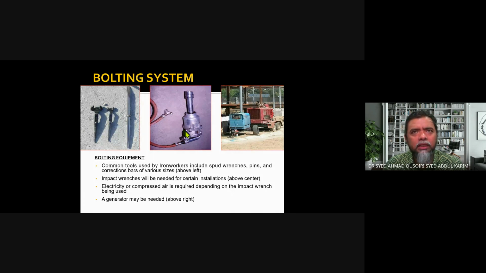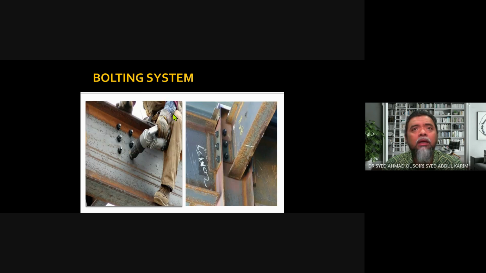And then kita ada impact wrenches. Impact wrench ni menggunakan kuasa angin lah. Kita tengok daripada hose ni pun kita tahulah. This is a pneumatic impact wrench. Yang ini kita rasanya macam kabel ni, and then dia ada motor kat sini.